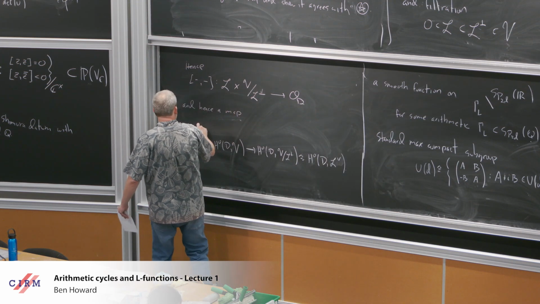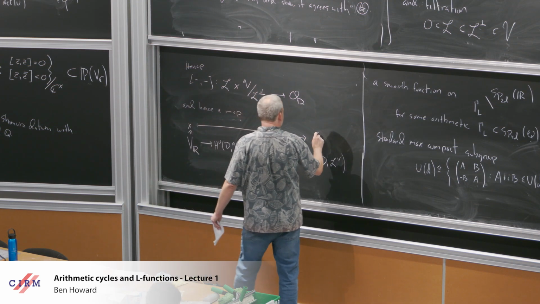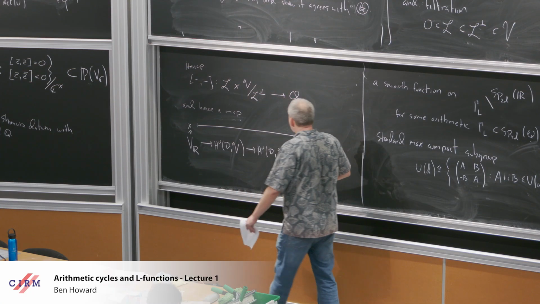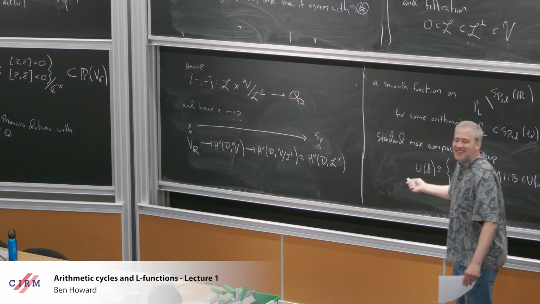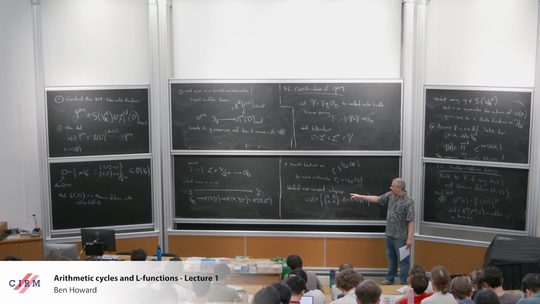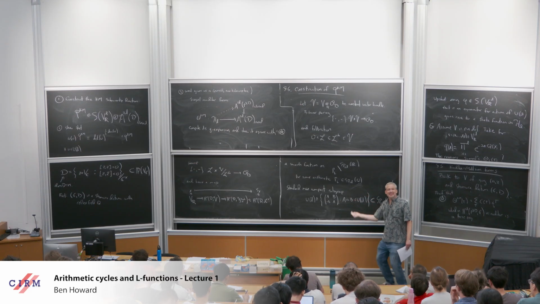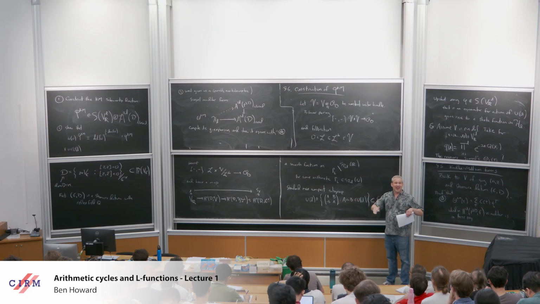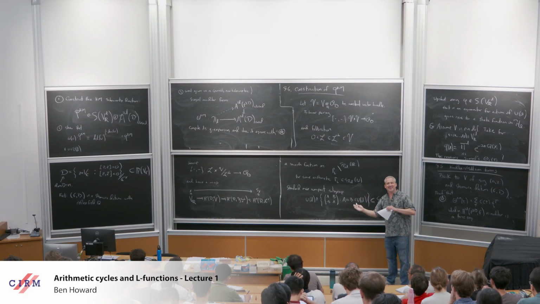So this x gives me a section that I'm going to call S sub x. And if you unpack the definitions, the vanishing locus of this section is that divisor D of x of lines perpendicular to x.